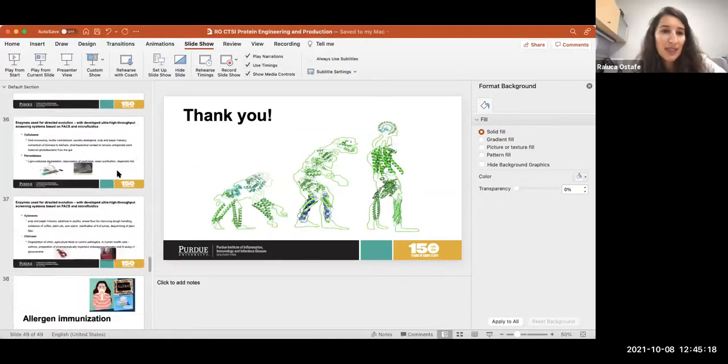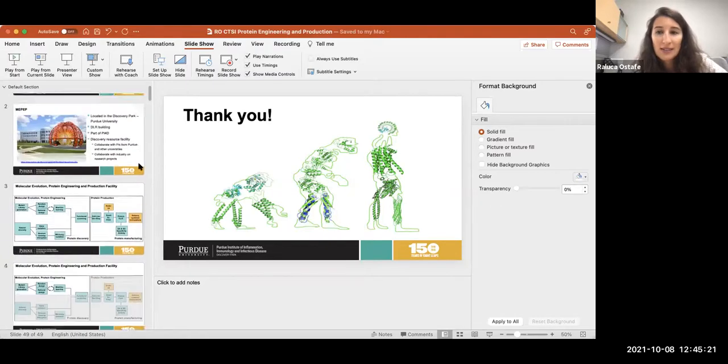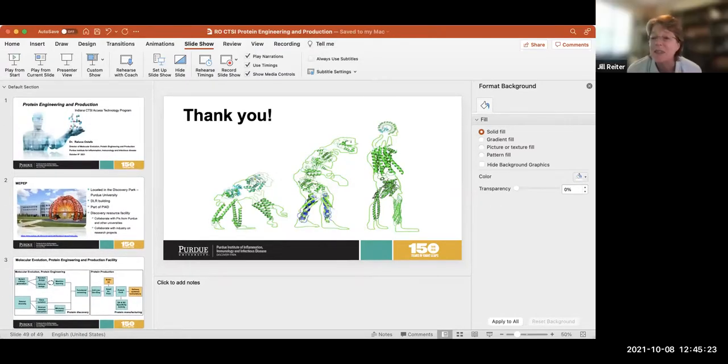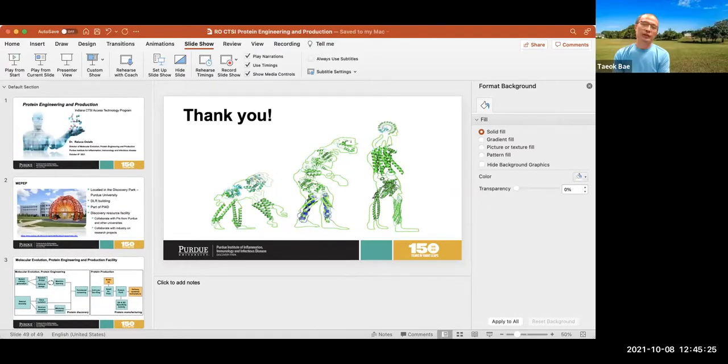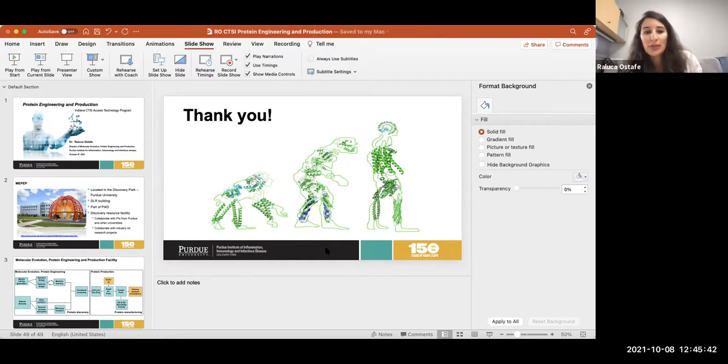Can I ask a question? Yes. Go ahead. So when you mutate that protein with error-prone PCR, I guess, do you control how many mutations per gene, or is it just purely random? No, when we start, we do a couple of reactions so that we do control the amount of mutations that we put per gene.